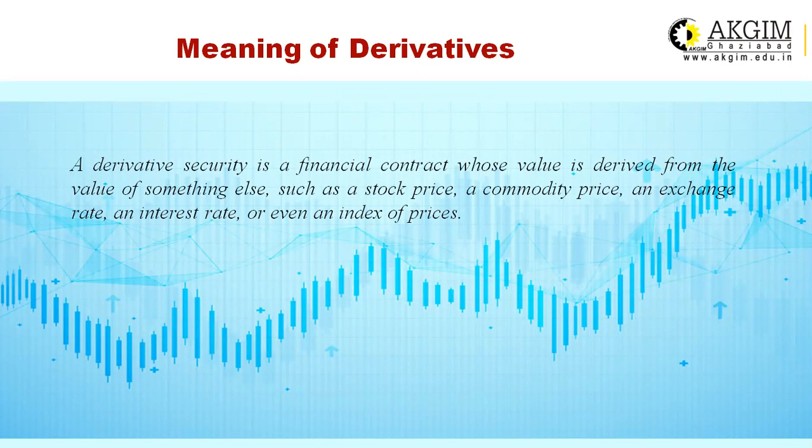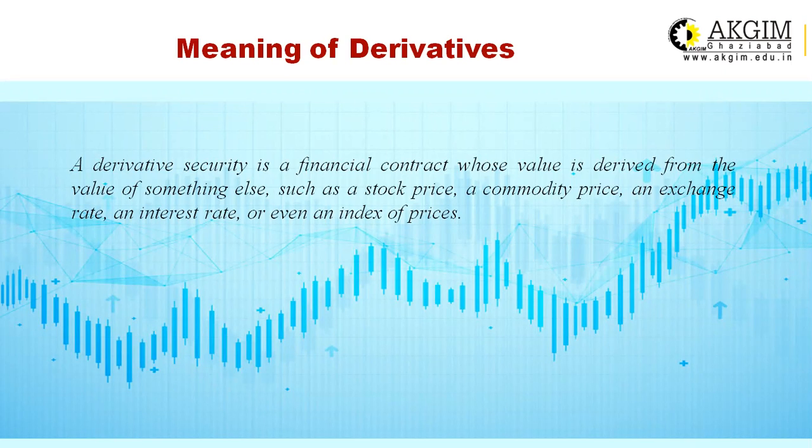In other words, the price of the derivative is not arbitrary; rather it is linked to the price of the underlying asset, which will automatically affect the price of the financial derivative.